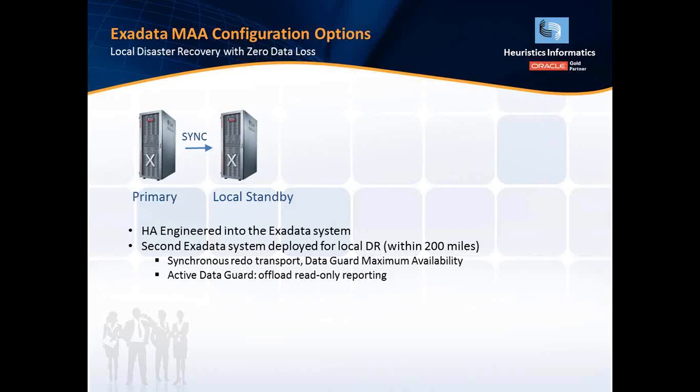The primary database and the standby database are within the same geographical region, say within 200 miles of each other. So you've got a high availability engineered system, Exadata, running the primary database, and another high availability engineered system running the standby database. And there's a synchronous redo transport between the primary and the standby database. Data Guard is configured for maximum availability.